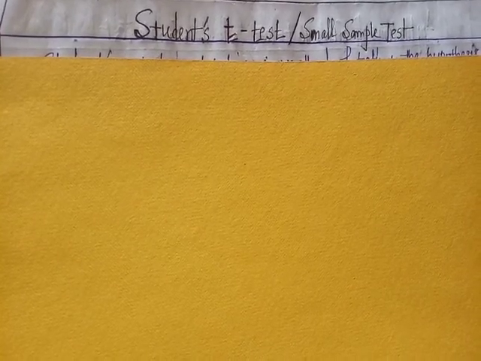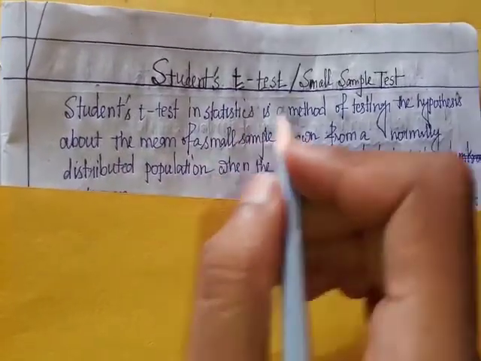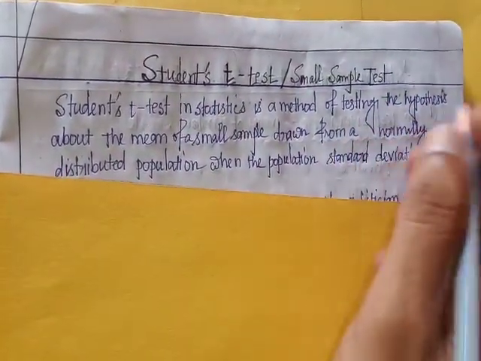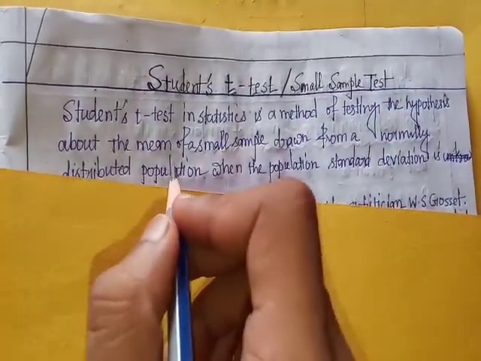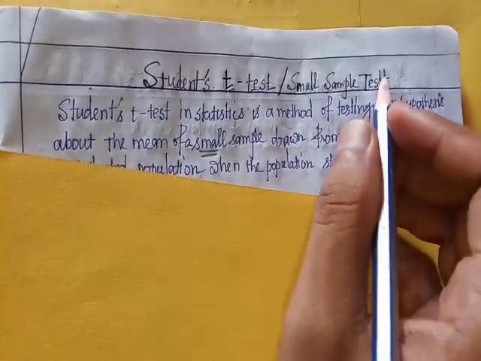Student's t-test in statistics is a method of testing the hypothesis about the mean of a small sample. That's why it is called small sample test.